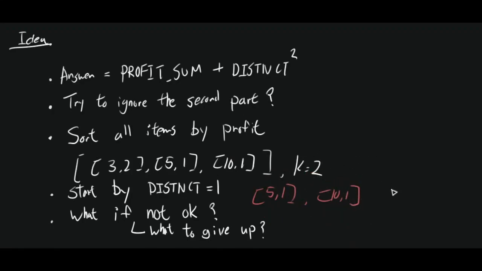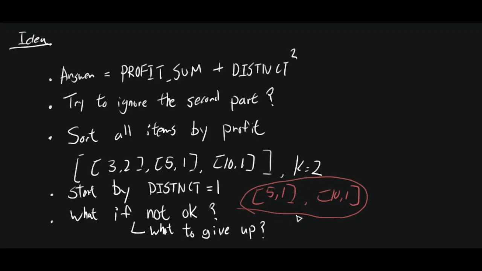And we also know that this selection, although we don't care about the category, must fulfill the distinct equals 1 requirement. Why? Because in a worst case scenario like this, you selected the k most profitable items, and all of them happen to be of the same category.